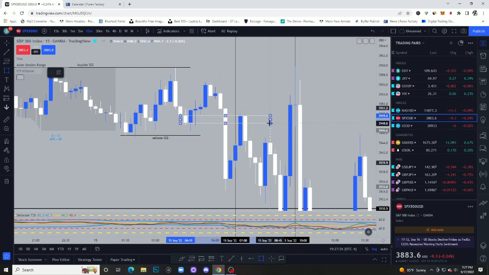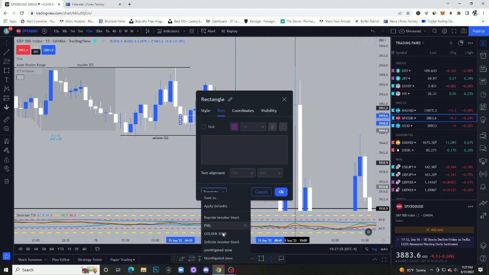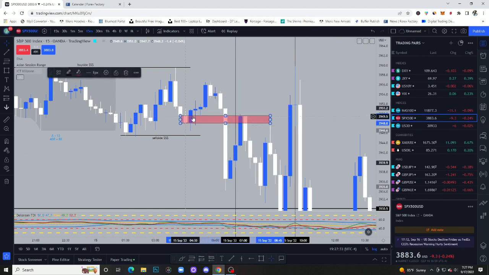Right here, we've identified a bearish breaker block. So sell side breaker block right here.